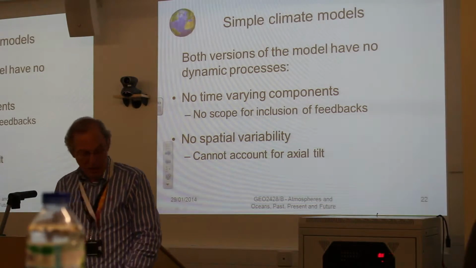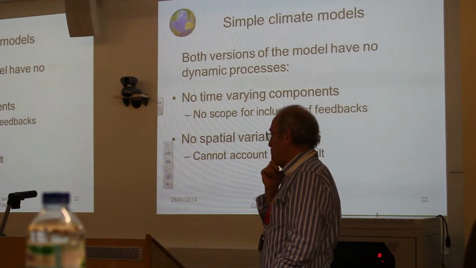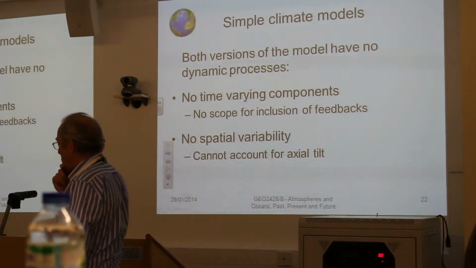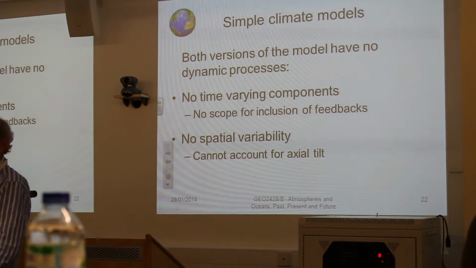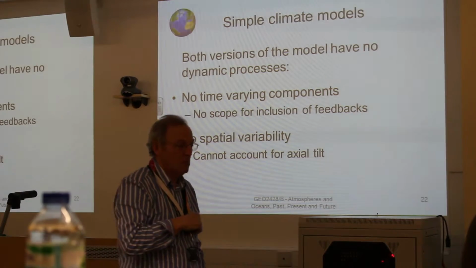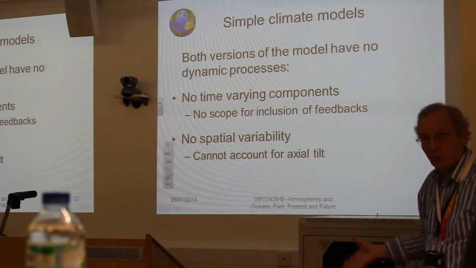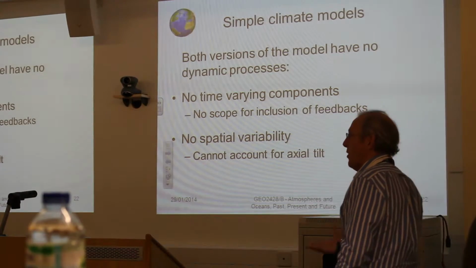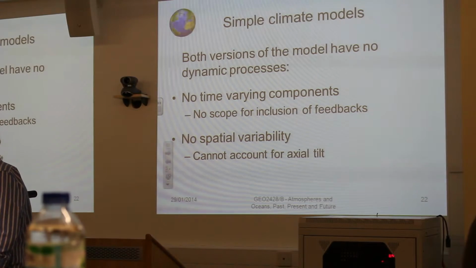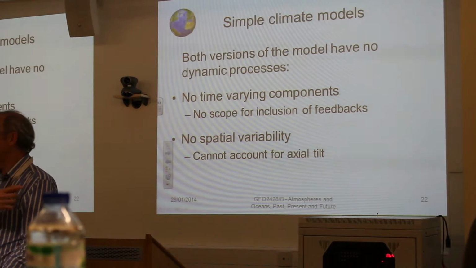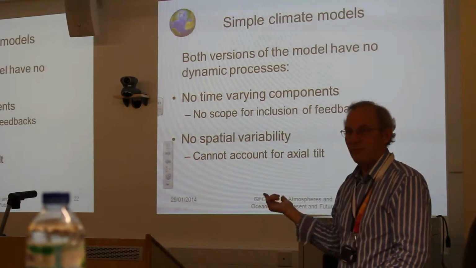Arrhenius, back in the late 19th century, predicted on the back of an envelope that if you double CO2 in the atmosphere, global mean temperature would rise by about 2.5 degrees centigrade-ish. All our models, the more complicated we get, still seem to focus down on that as a basic number. So the question is, do we really need all these models if Arrhenius was right on the back of an envelope with a simple energy balance model?